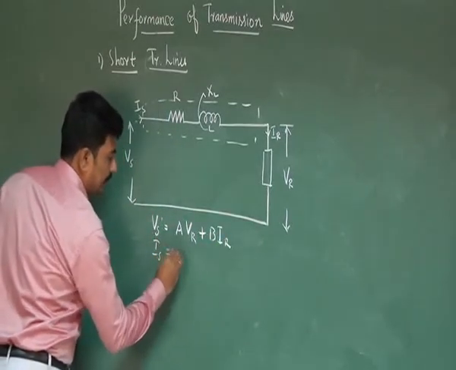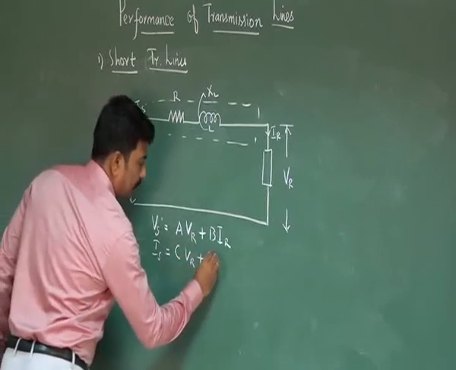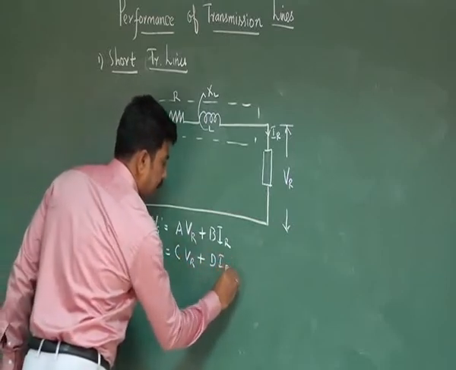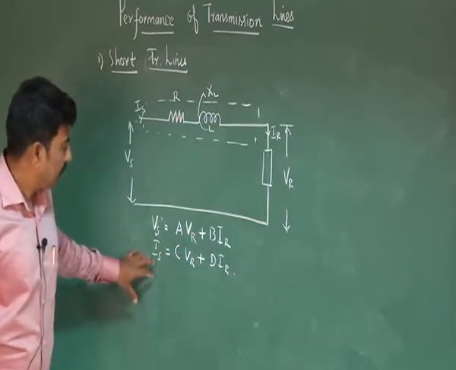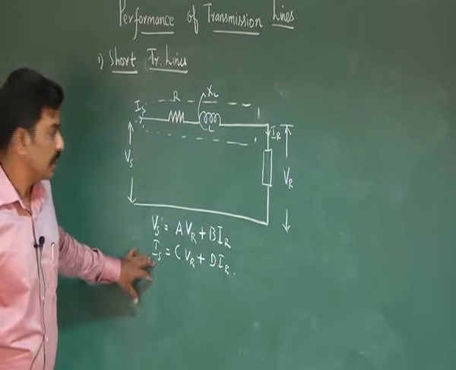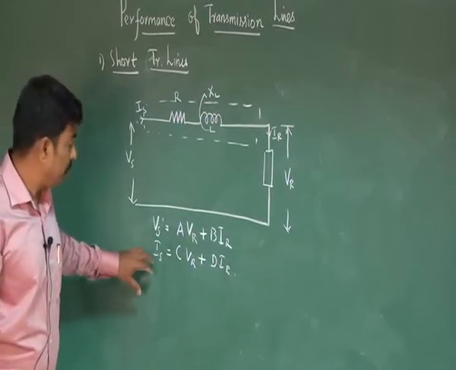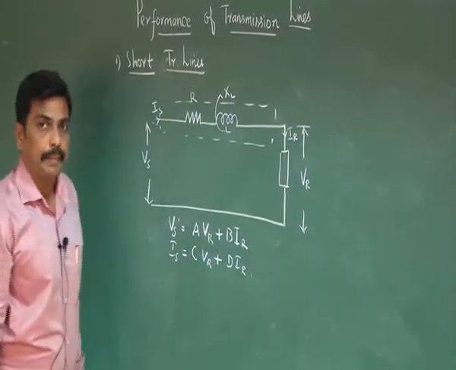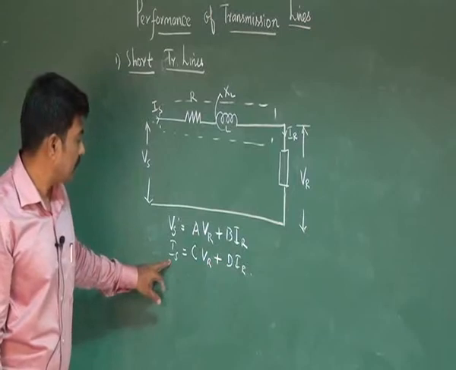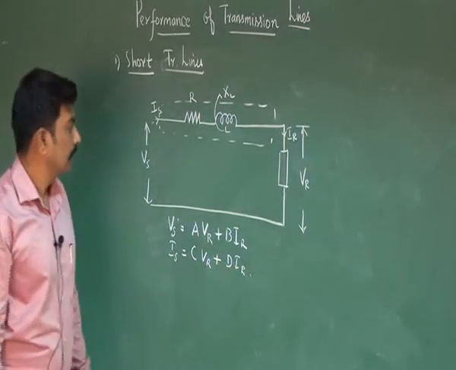Similarly, IS is equal to C VR plus D IR. The easiest part is to start with the current equation. If you want to find out IS, we need to solve what C is and what D is. Here look at the equation, IS is equal to C VR plus D IR.